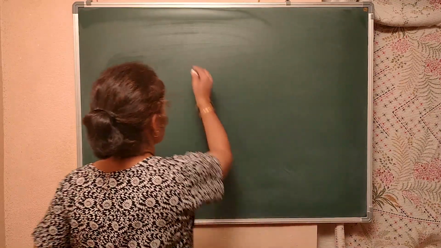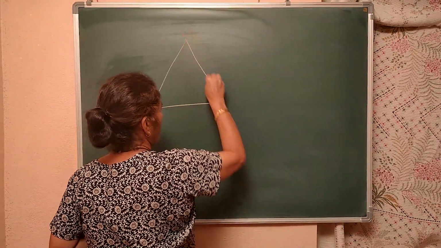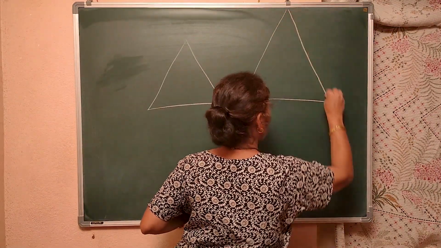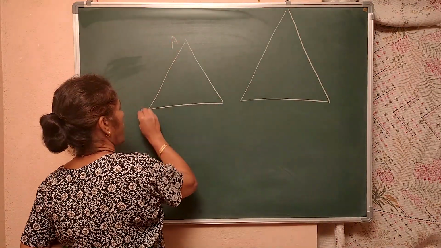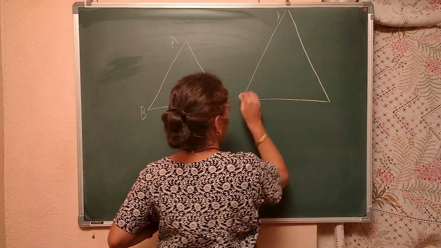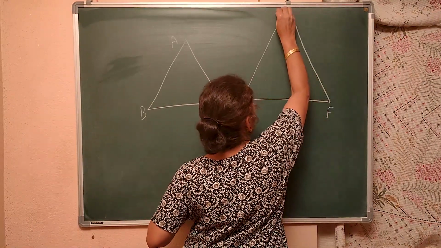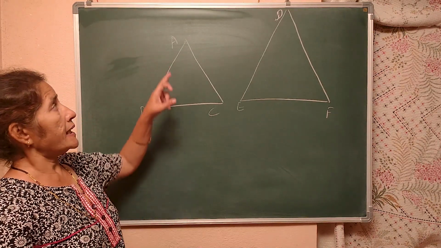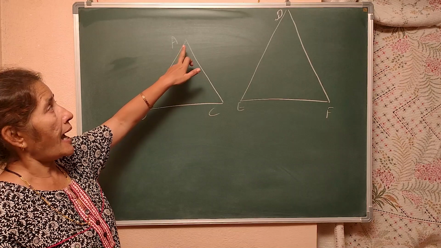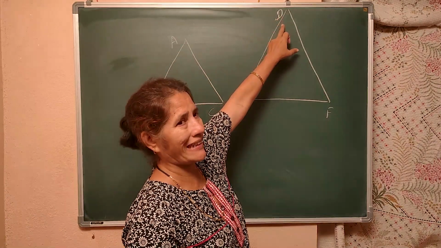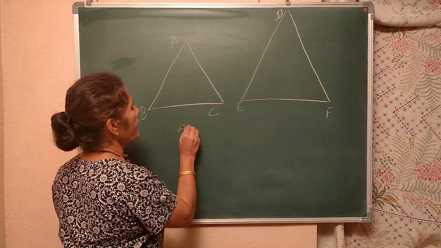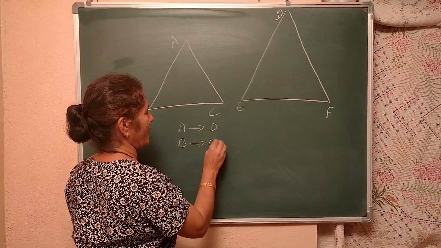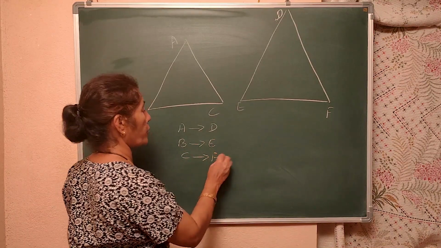Come on. Suppose I draw 2 triangles, one small triangle and one big triangle. What is the meaning of equiangular? I name them A, B, C and D, E, F. Here in this figure, angle A corresponds to angle D, that is vertex A corresponds to D, B corresponds to E and C corresponds to F. How to read?